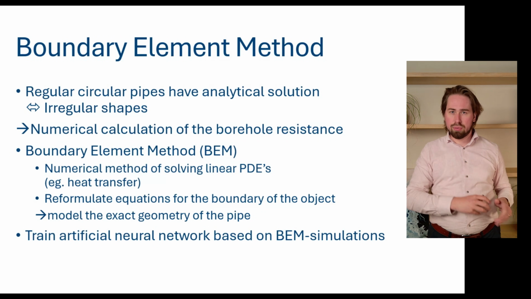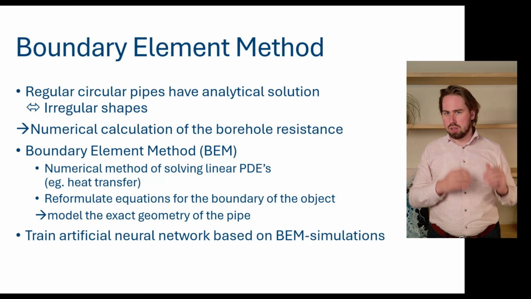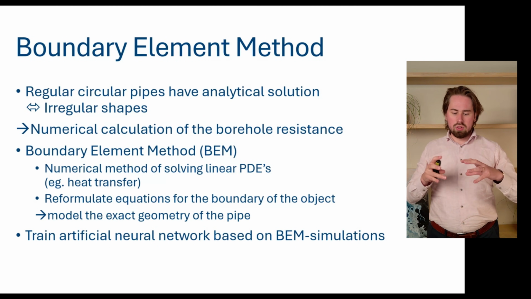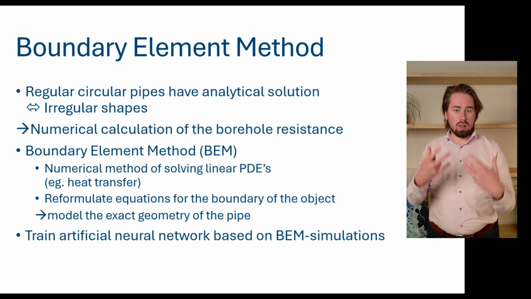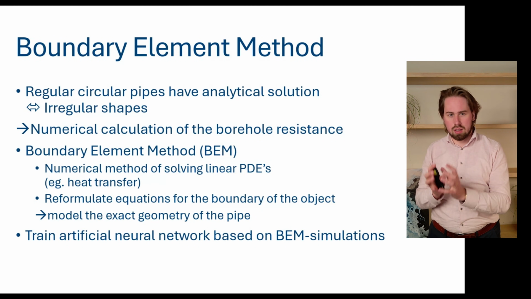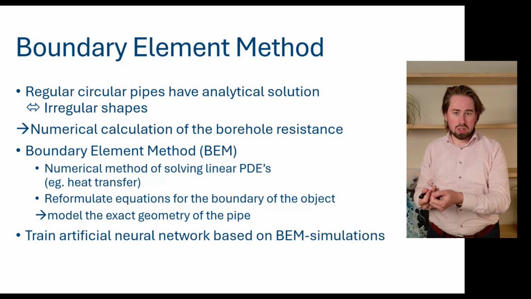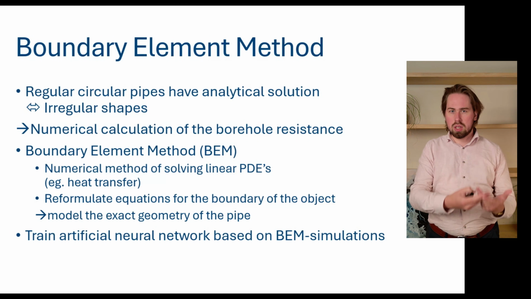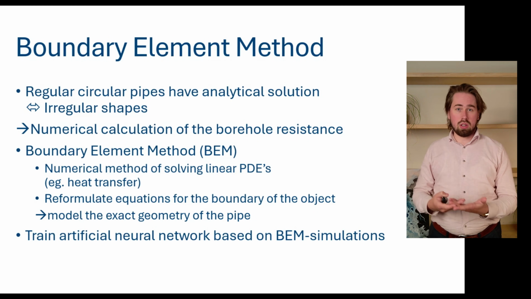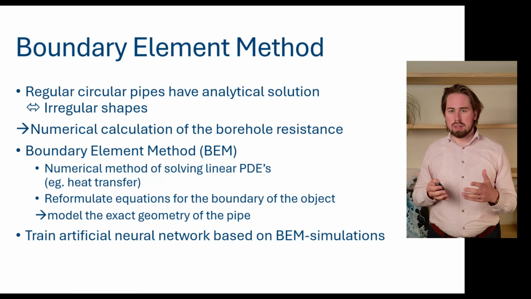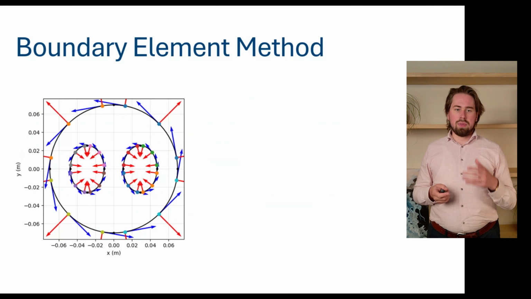We already have a video on this topic. It's also linked in the description. But basically, what we do is we train an artificial neural network based on these very detailed numerical calculations to have a very fast and accurate model to actually solve the heat transfer inside the borehole for the MuoviELLIPSE.